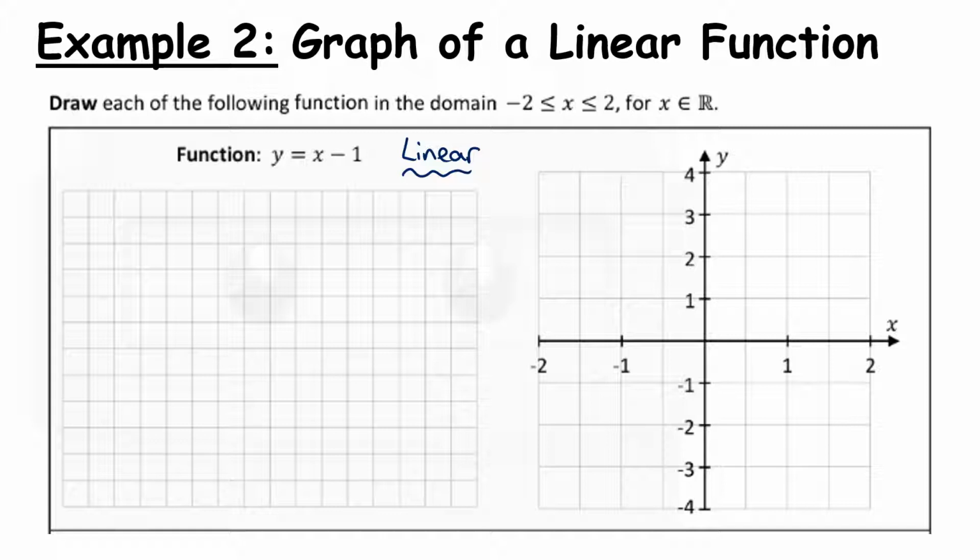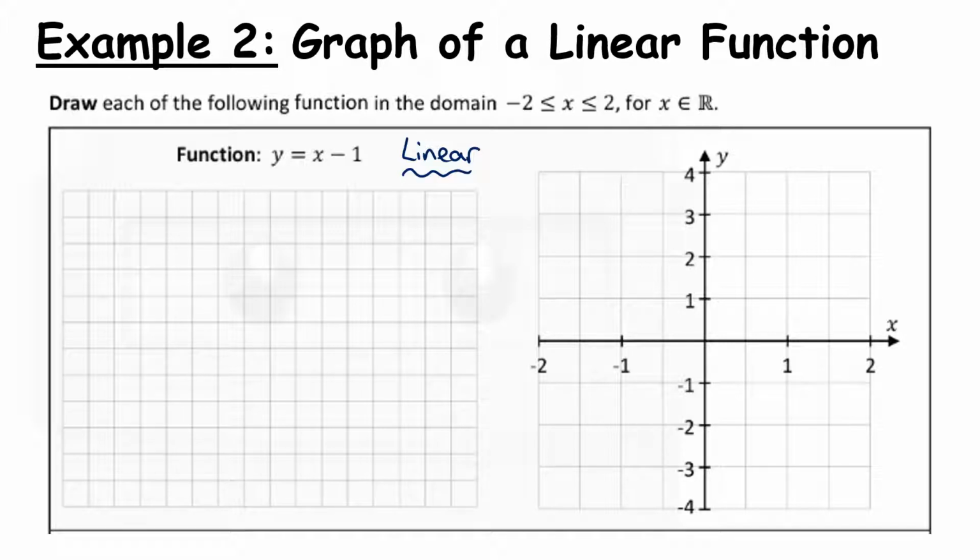The reason for this is simple. If you can remember back to your geometry, when I want to draw a straight line, all that is required is 2 points. When I draw a function that's not linear, and we're going to see 2 more examples of those, I will always want to do as many points as possible so I can effectively join the dots and see what the graph looks like.